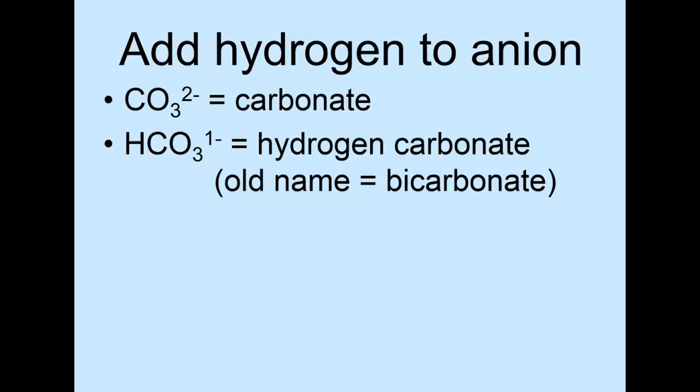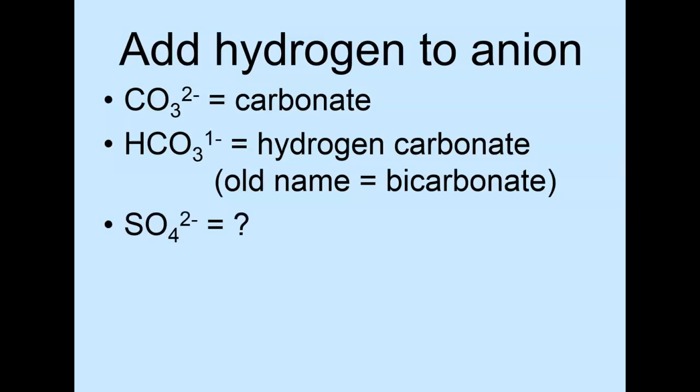You're going to treat it like you just did any other polyatomic anion. It's called hydrogen carbonate. That's 2 words, but it's still just one anion. If you go to the grocery store, you will find it as bicarbonate, as in sodium bicarbonate or baking soda. But the new name that we're using is hydrogen carbonate.